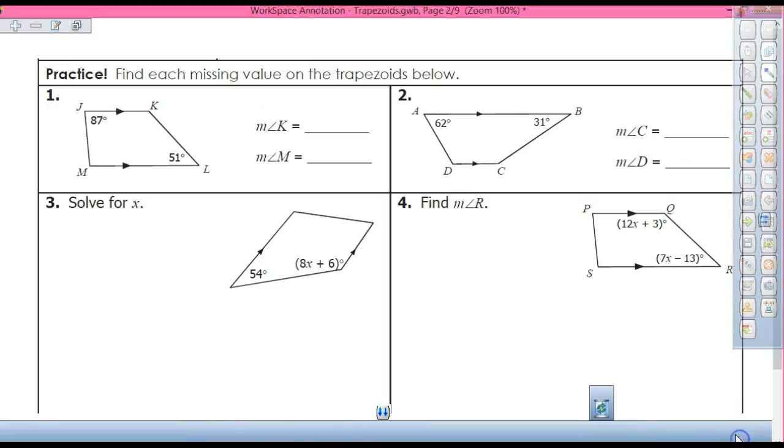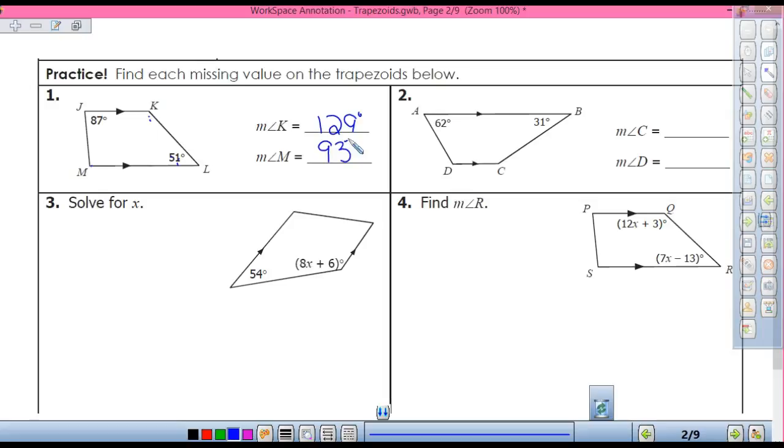So, in this one, what would angle K be? 129. How do you do that, Jeff? Yep. Consecutive angles are supplementary, so 180 minus 51. Consecutive angles are supplementary, yep.